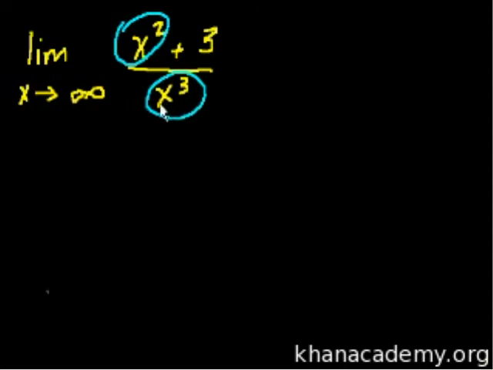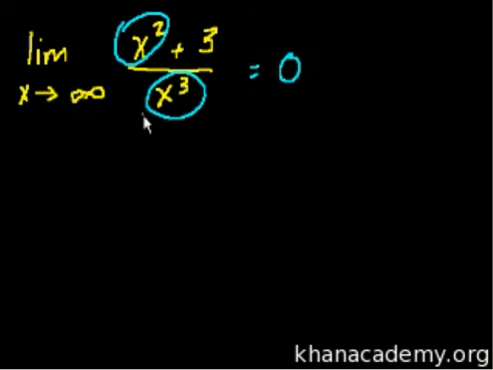So this denominator, as you get larger and larger values of x, is going to grow a lot faster than that numerator. So if the denominator is going much, much faster than the numerator, as you get larger and larger numbers, you're going to get a smaller and smaller fraction, right? It's going to approach 0. And so as you go to infinity, it approaches 0.